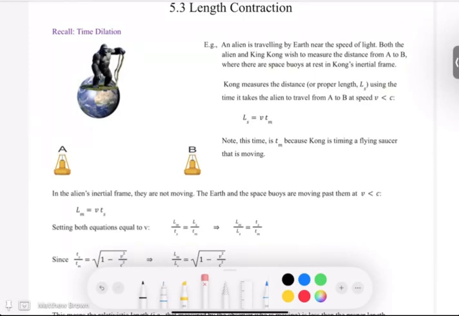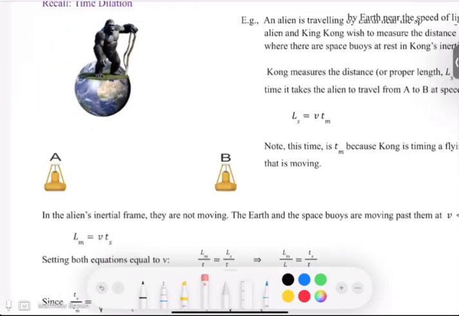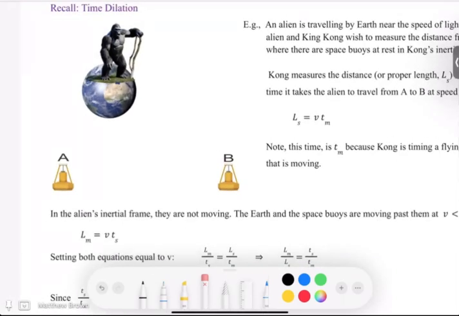We know that the distance is just velocity times time, so we're going to measure this distance. And remember, just like yesterday, we had the proper time with a subscript S for stationary.